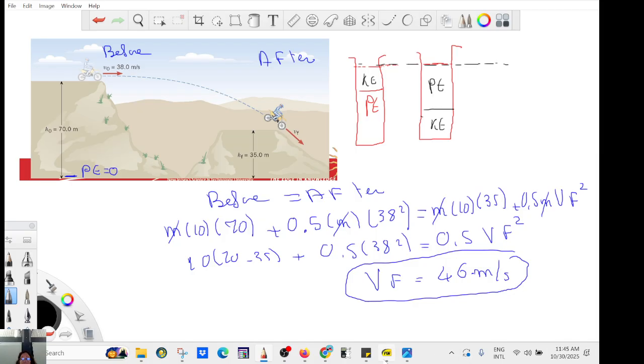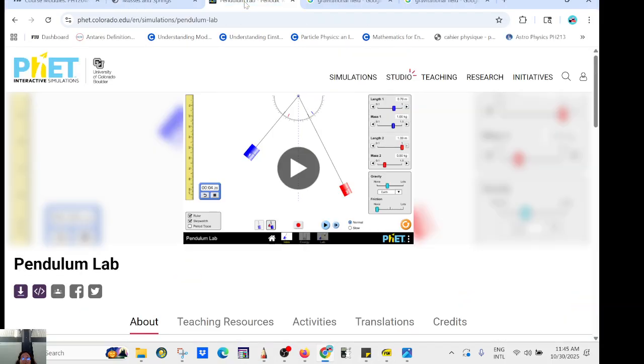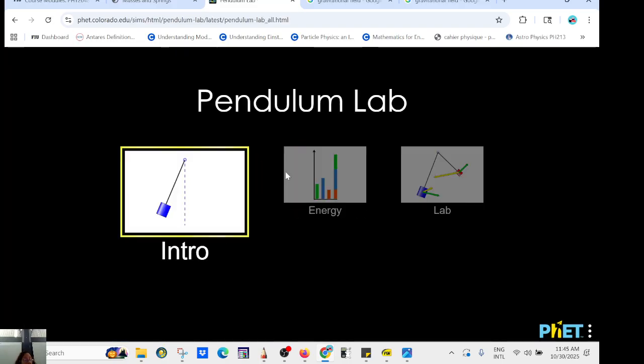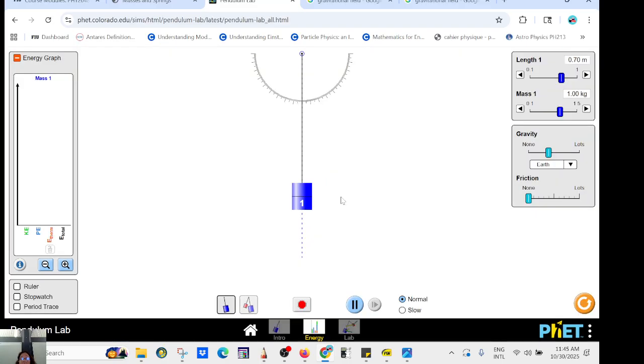So if you have a system like the pendulum, and that's a very famous demo, if I remove friction, none, it has potential energy, then kinetic energy, and then potential energy. So it's swinging back and forth between kinetic and potential, but the total amount stays the same.